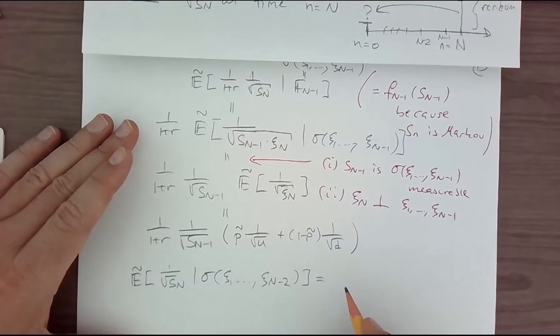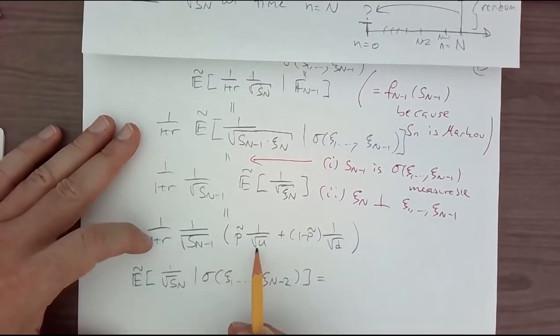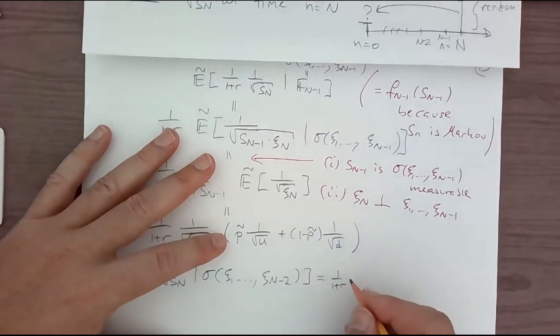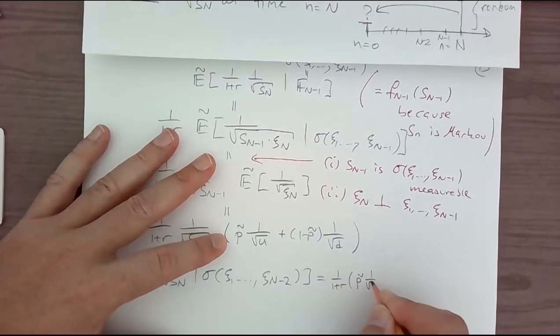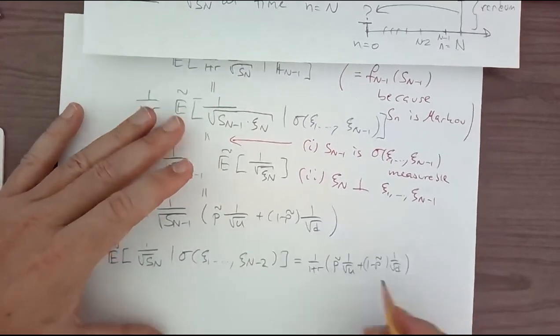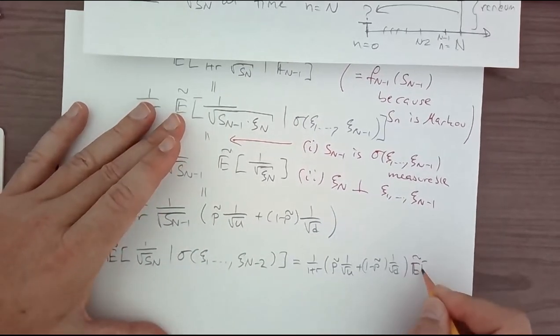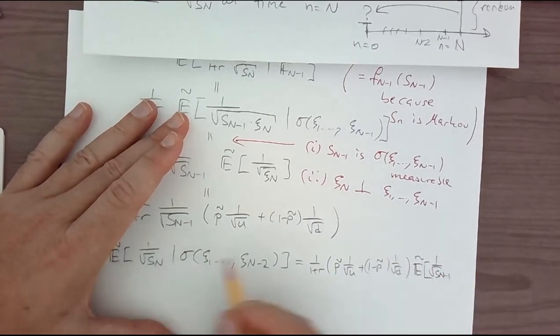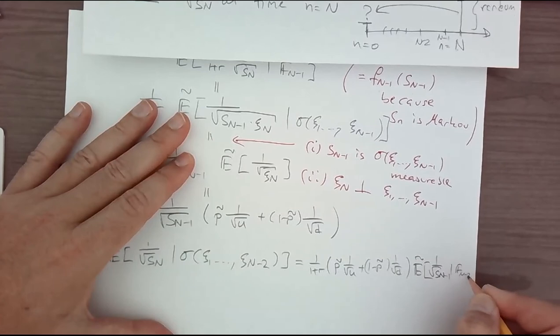So I'll plug in what I have here. This is 1 divided by 1 plus r, times p tilde, 1 over root u plus 1 minus p tilde, 1 over root d, and then the conditional expectation of 1 over root Sn minus 1, conditioned on Fn minus 2.